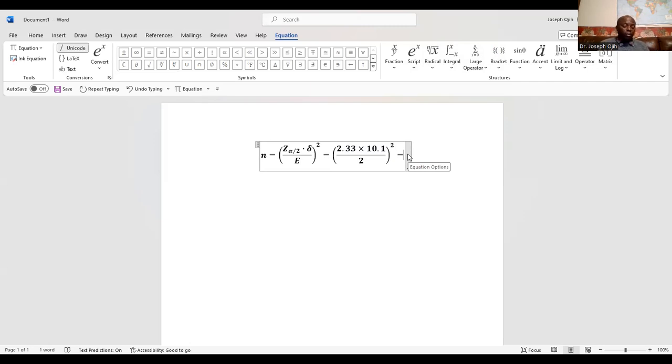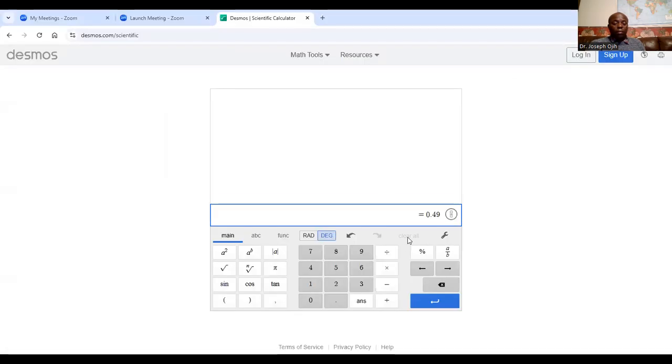It equals 2.33 times 10.1 over 2, squared. And we can go and get it from the calculator. Okay, have 2.33.